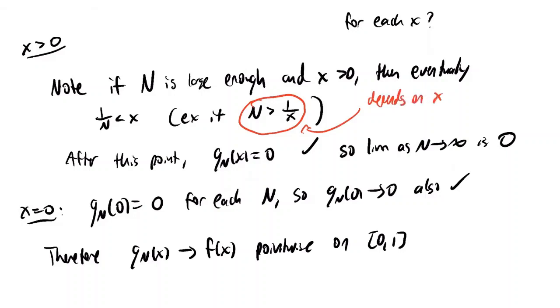In particular, if x is very small, the rate of convergence increases.